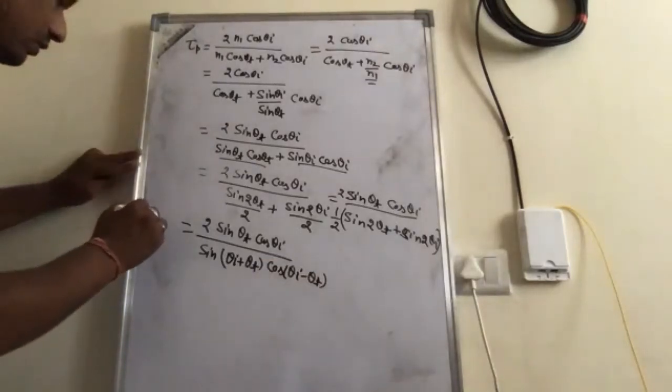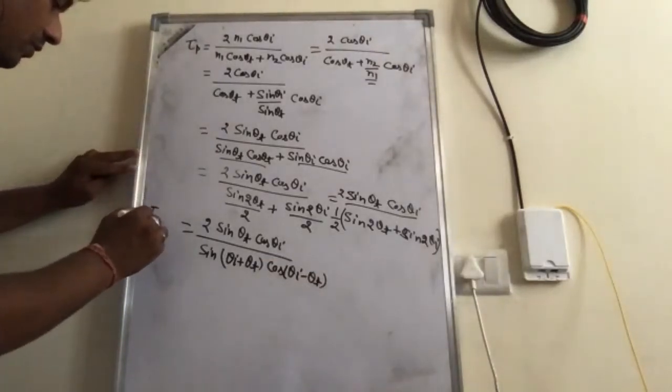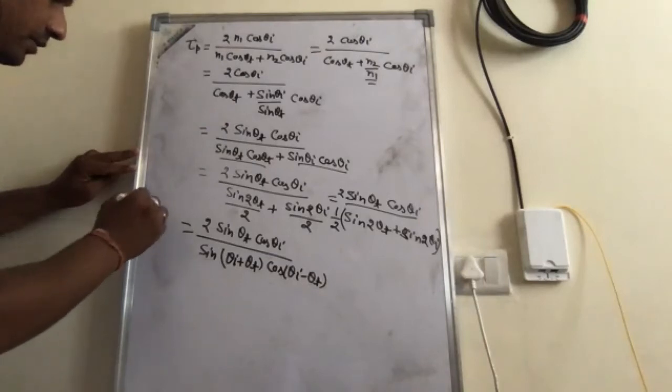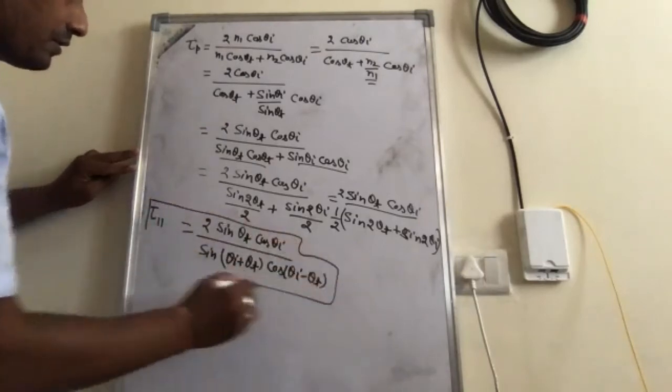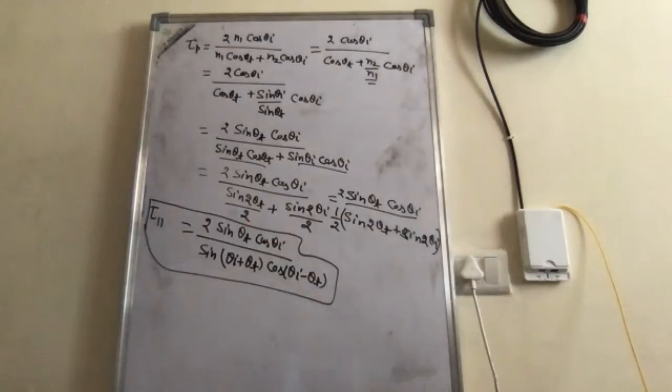So this is the tau parallel transmission coefficient, where there is no effective index and no impedance, in the simplified version for the parallel polarized light transmission coefficient.